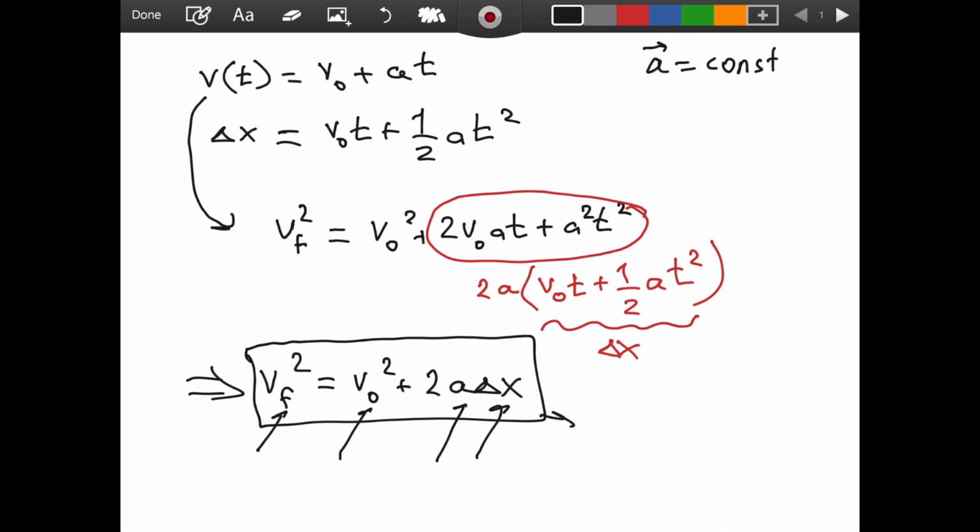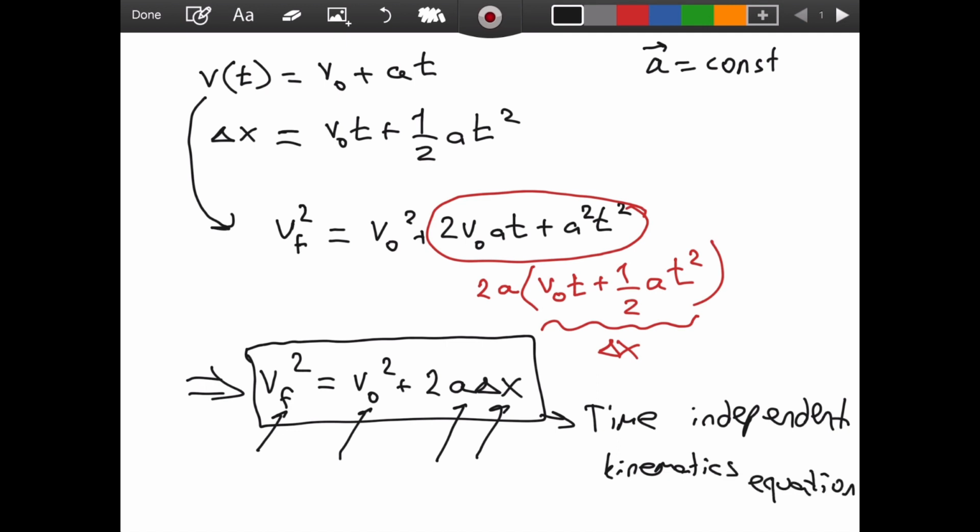So this is great, and it is called the time independent kinematics equation. This is a really neat equation, and you will encounter this a lot. It is very helpful.